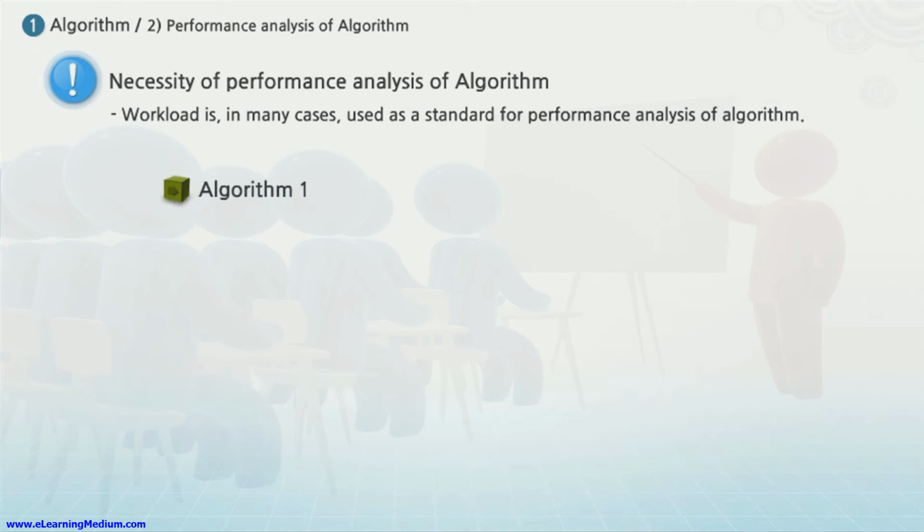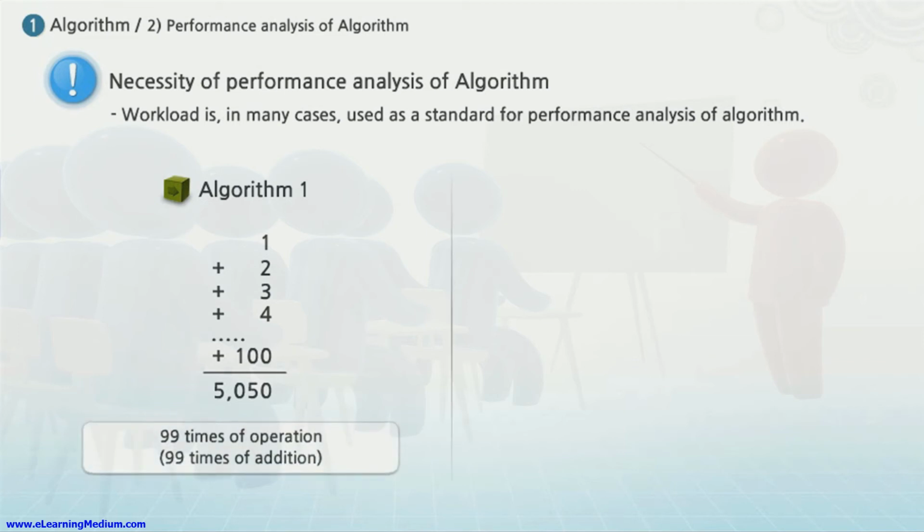For example, let's think of a question of doing the sum of 1 through 100. Algorithm 1 simply adds from 1 to 100 and runs 99 times of operation. For example, 99 times of addition. Meanwhile, algorithm 2 multiplies the sum of the first and the last numbers to the total number of numbers, and then divides it by 2.